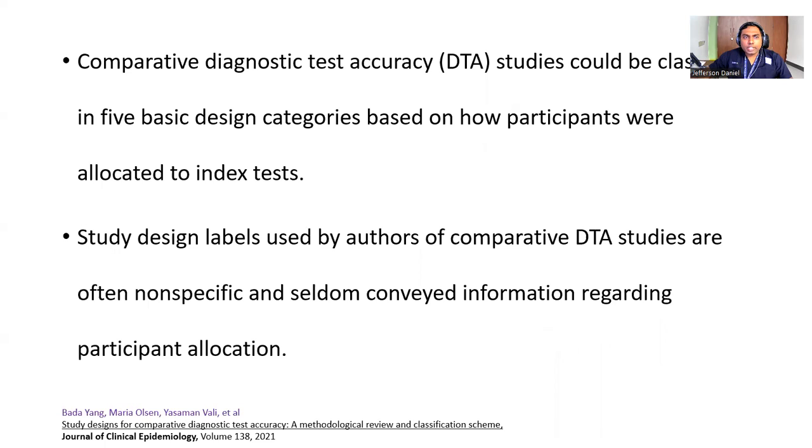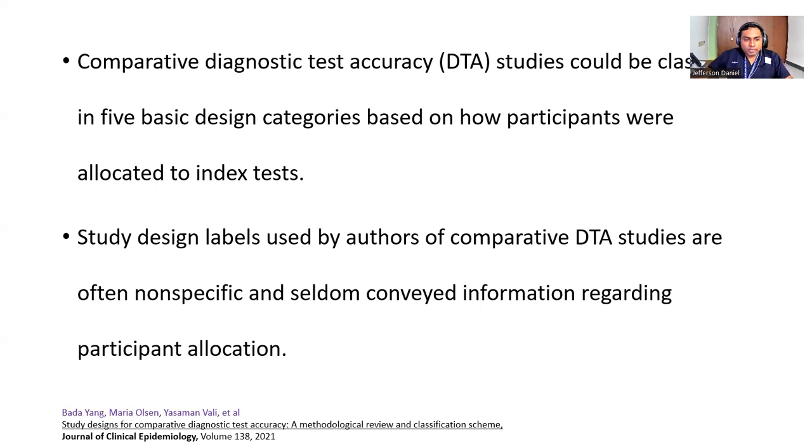So comparative diagnostic test accuracy studies can again be divided in another five ways. We grossly classified diagnostic test accuracy studies as cross-sectional, case control, and comparative. Again, in comparative, there are multiple study designs.